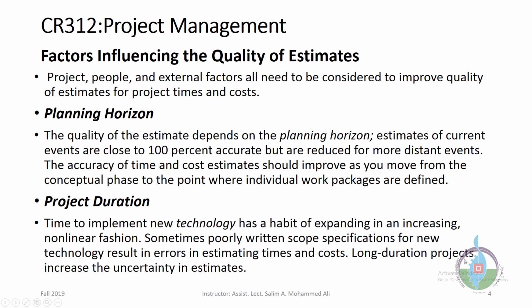Long-duration projects increase the uncertainty in estimates, as we discussed before. For short-duration projects, it's not a big deal, because if anything happens, you can easily fix it, and it won't delay the project timeline too much.